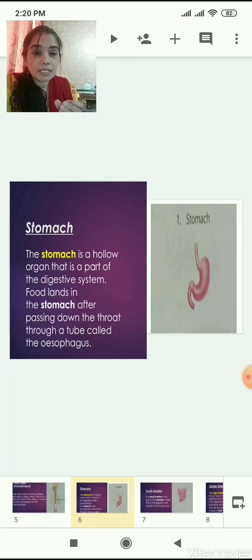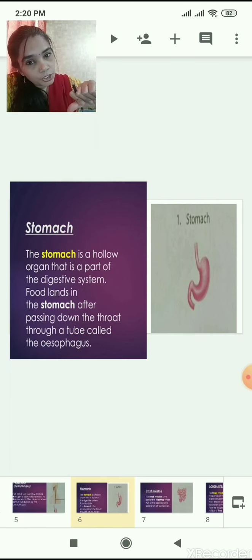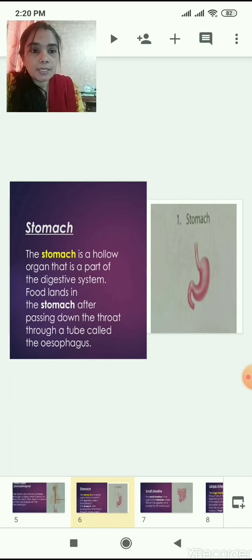The stomach muscles churn the food with more digestive juices. Mom adds water in the mixer jar, but in the stomach you don't add water. Automatically some digestive juices are added in the stomach. These digestive juices are already present in the stomach.